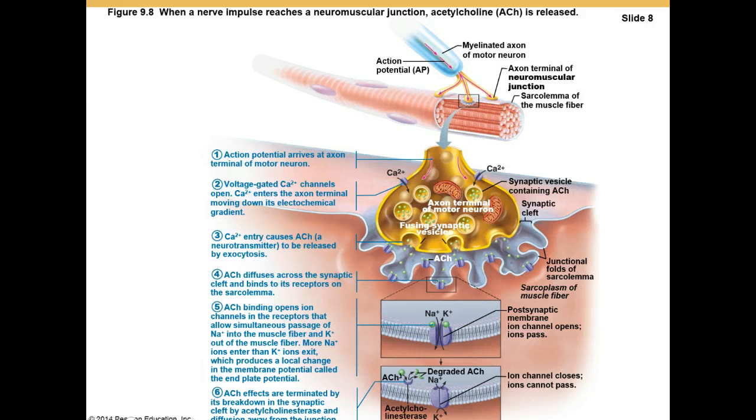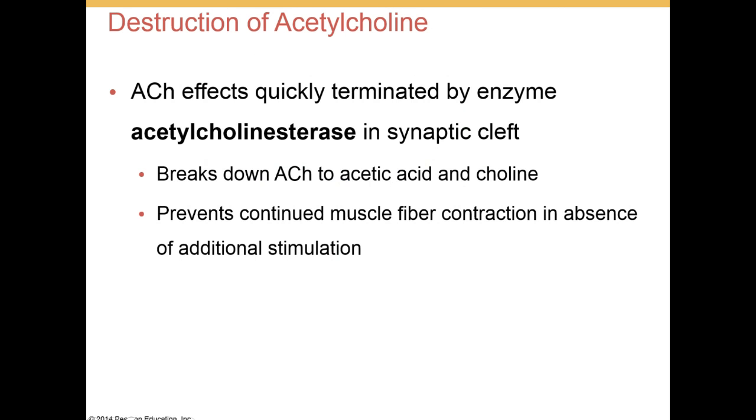Acetylcholine diffuses across the synapse, attaches to those receptors, those ligand-gated channels, opens up, allows sodium and potassium to rush across, but a lot of positive charges enter the cell, and then the effect is stopped by acetylcholinesterase breaking down acetylcholine. So it's deactivated, breaks the acetylcholine down into acetic acid and choline.